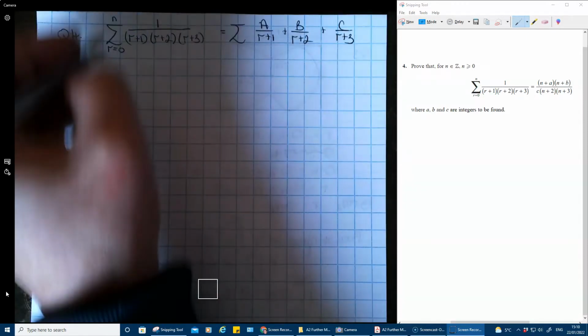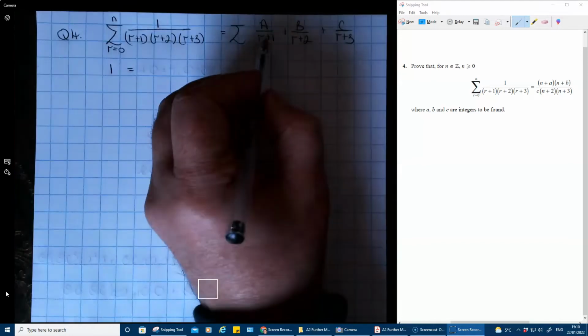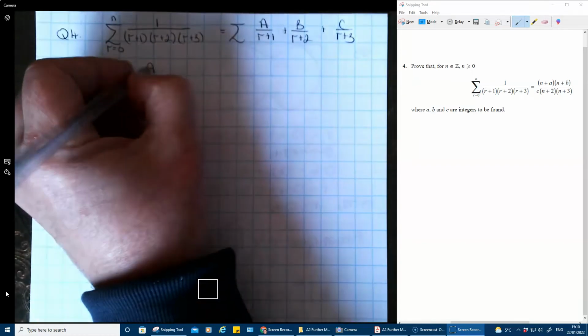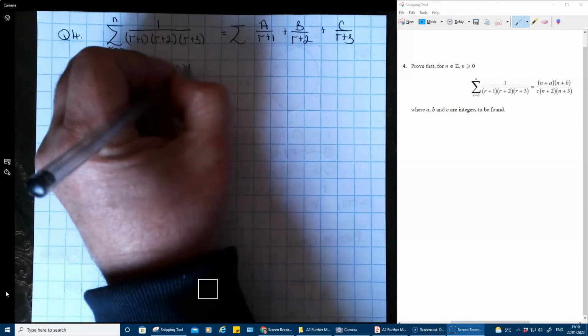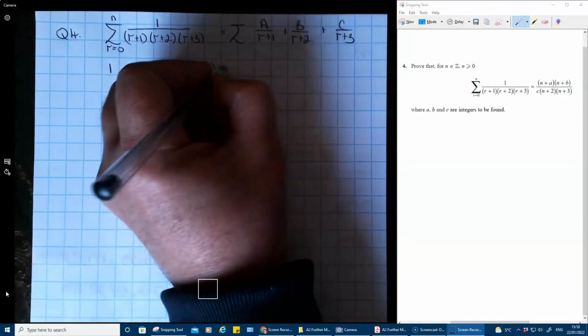So comparing numerators, left hand side we've got 1. On the right hand side I've got to multiply the r plus 1 by these two, I've got to multiply the r plus 2 by these two, so I do the same to the top, and similarly c.